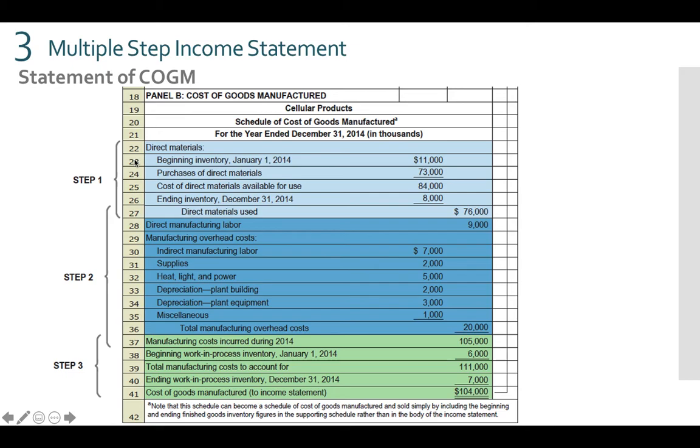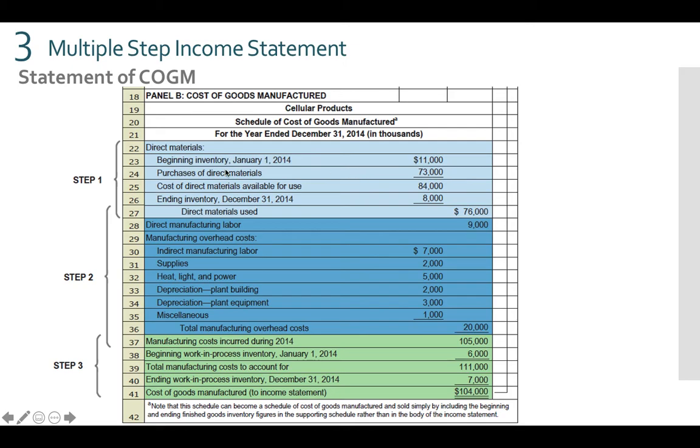So let me explain one by one. For the direct materials, we start with the beginning inventory that we have at the beginning of the year, which is January 1, 2014. We have $11,000 beginning inventory.